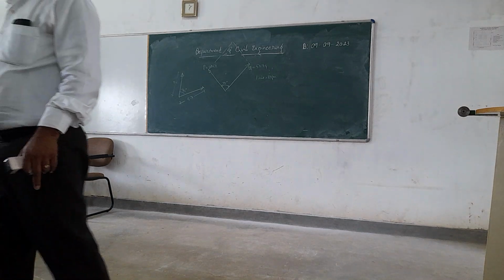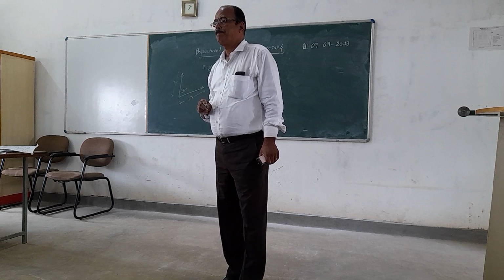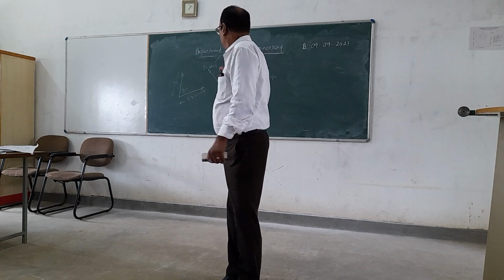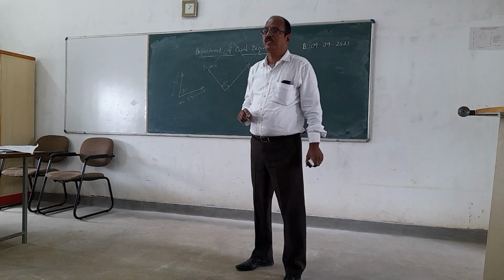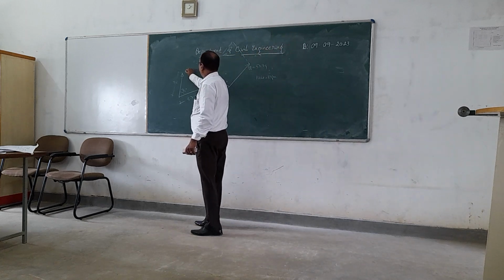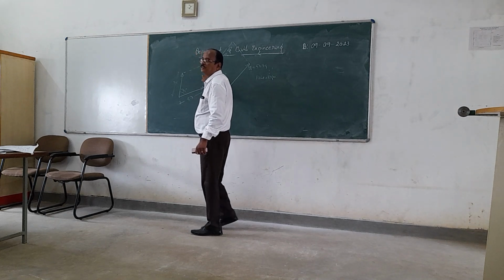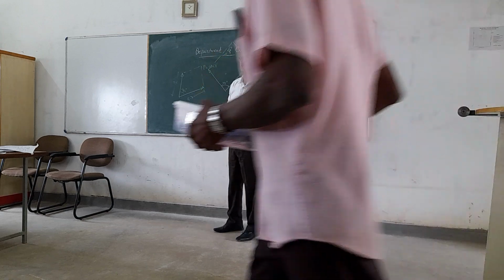Then you draw a line parallel to this of 5.7 units, and you draw a line parallel to this of 5.6 units. You have considered a parallelogram.